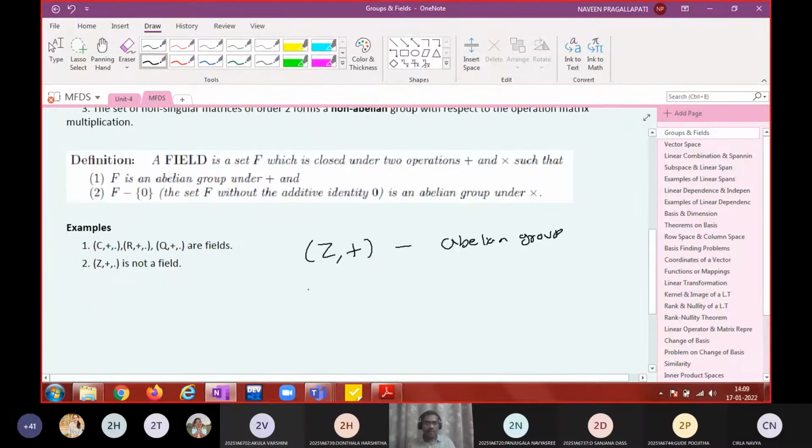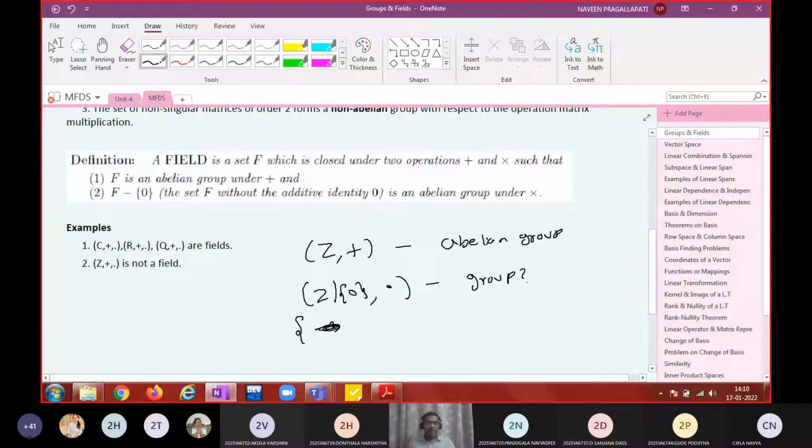But what is the problem? If you remove the zero element from the set of integers, and with respect to dot, the multiplication of integers, is it a group? What is the set of integers excluding zero?